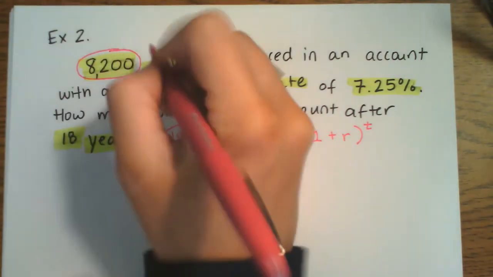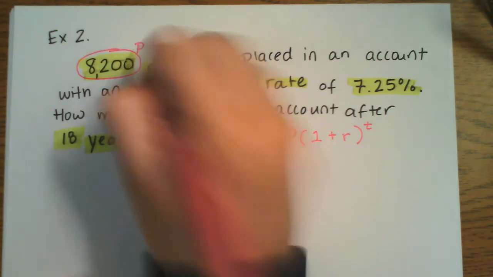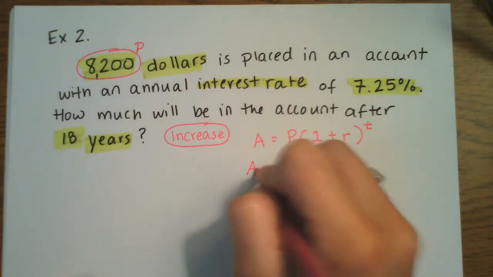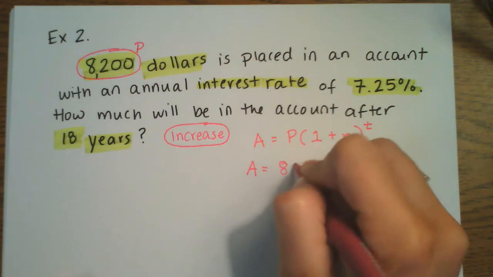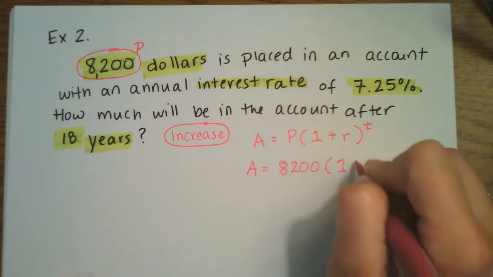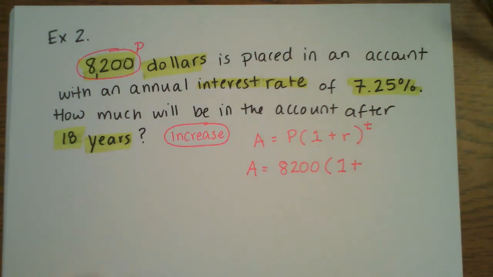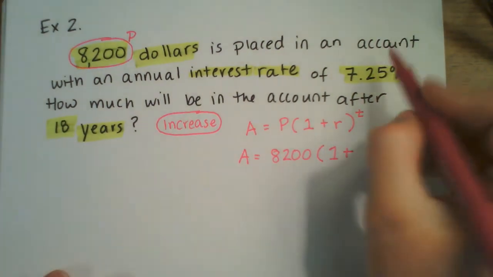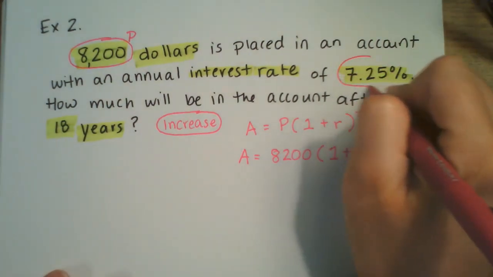So the initial investment is the P, 8,200 parentheses 1 plus, and this is the tricky part. You've got to take this percentage.